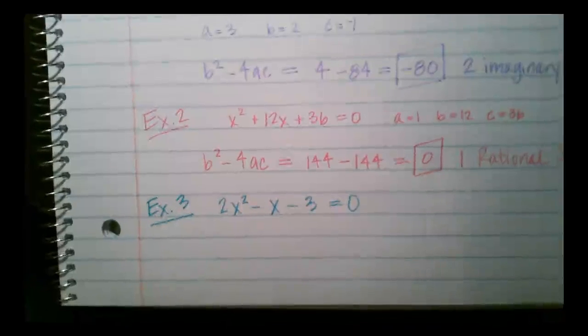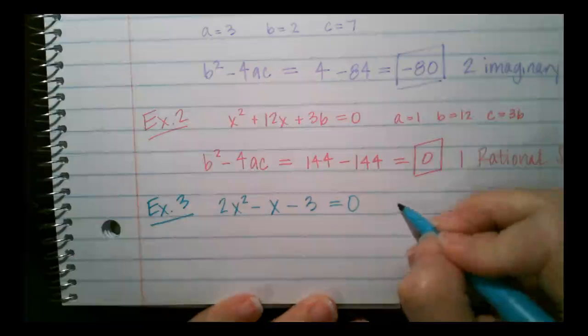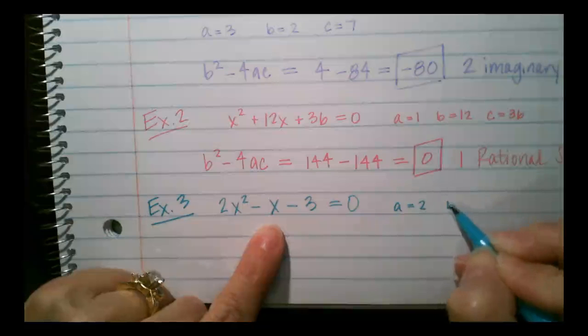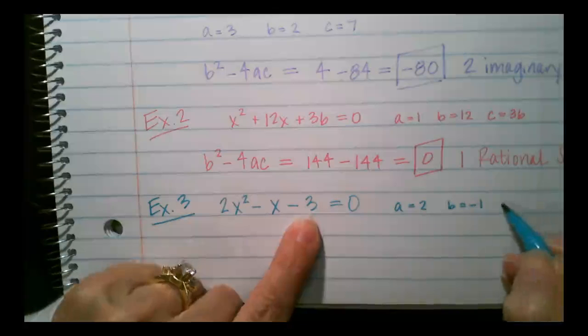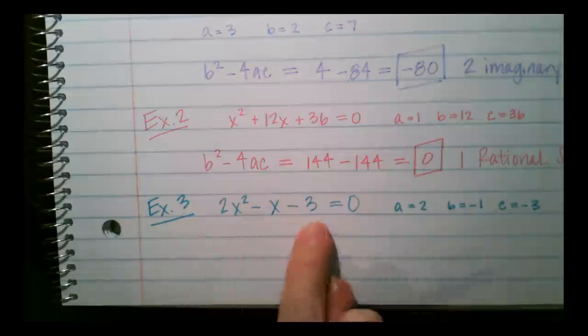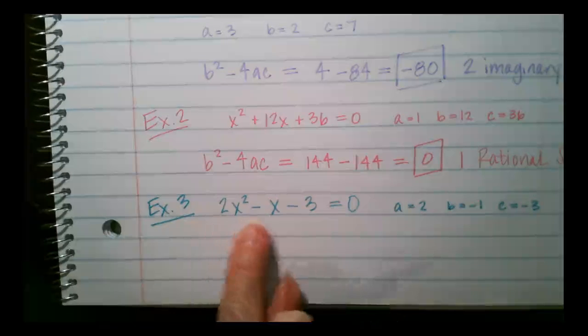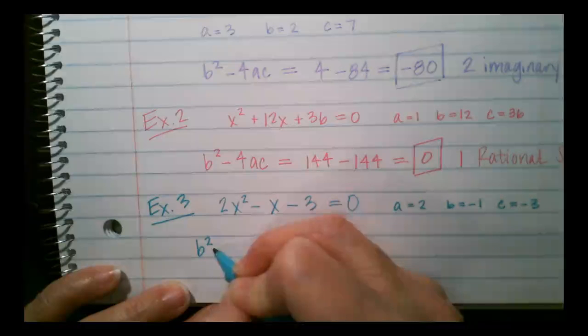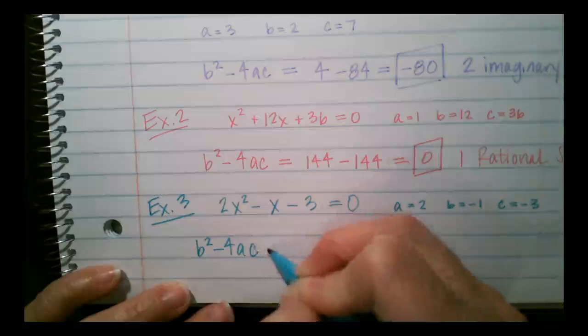I'm just making this up. So we can tell that a is 2, b is negative 1, and c is negative 3. Since it's equal to 0, I know this is the a, that's the b, and that's the c. All right, so b squared minus 4ac.